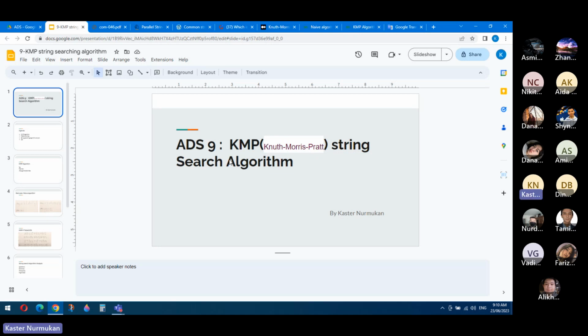So they're using the hash function with a rolling hash matching approach to implement this string matching algorithm.